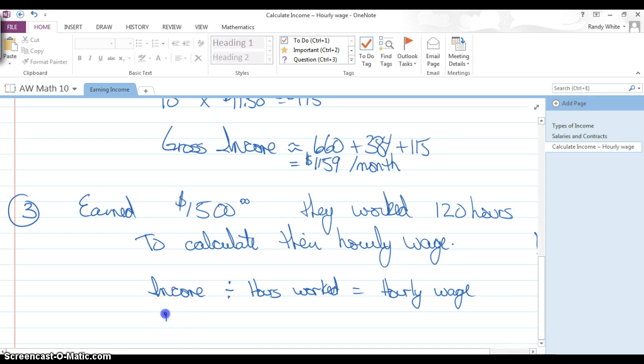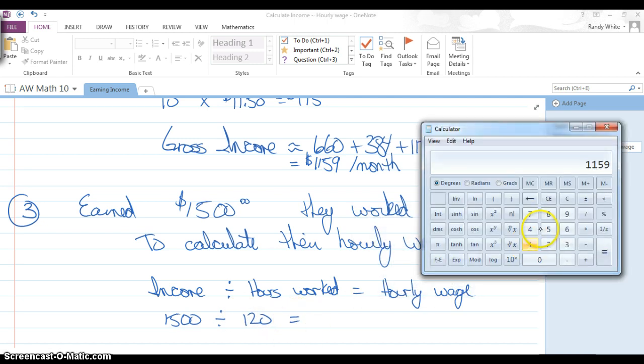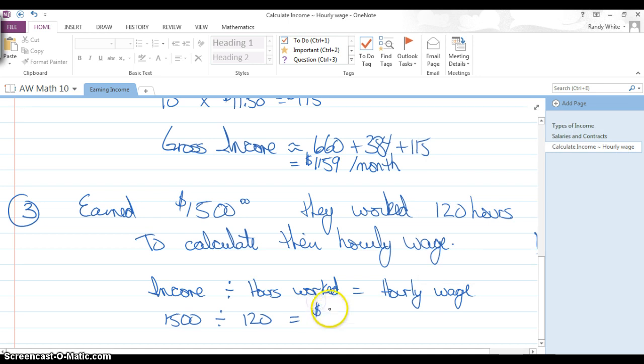So in this case, I'm going to take the $1,500 and divide that by 120 hours. That's 12.50. So this person will make $12.50 per hour.